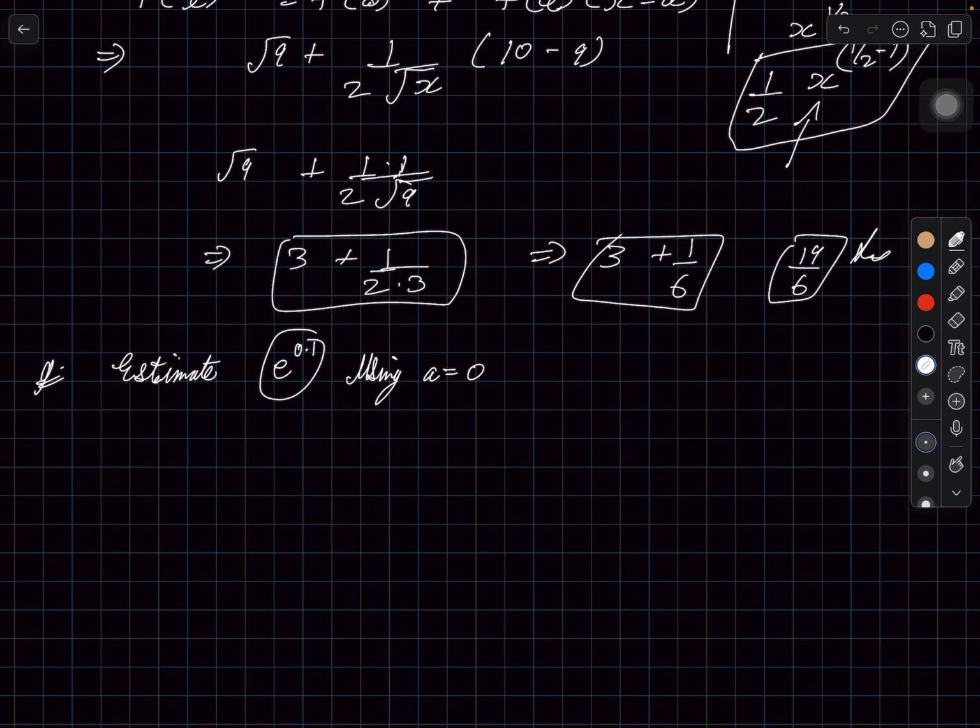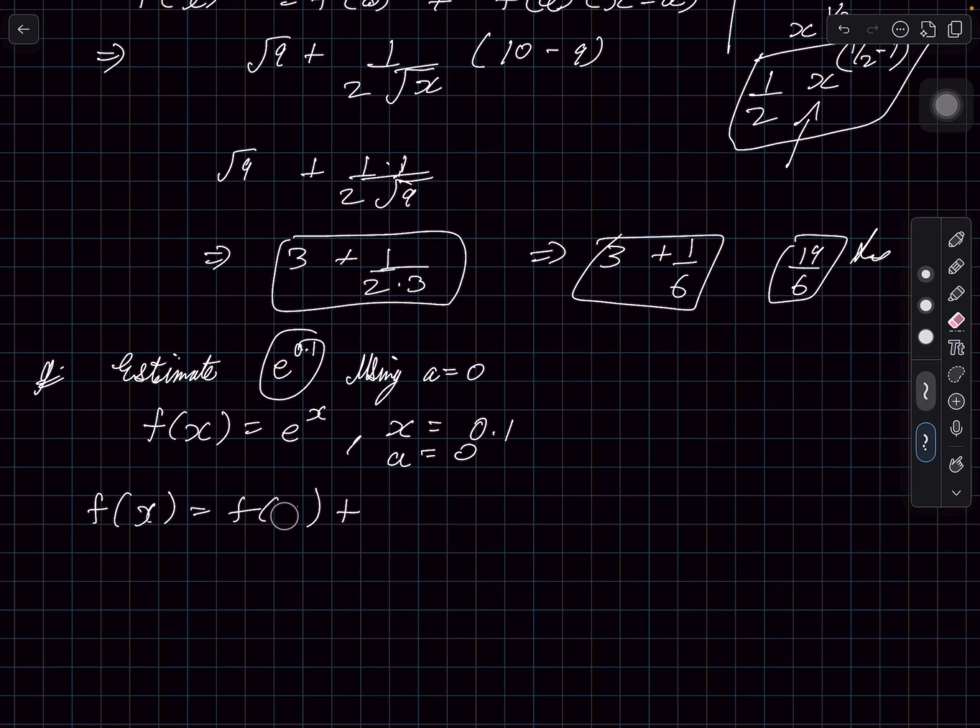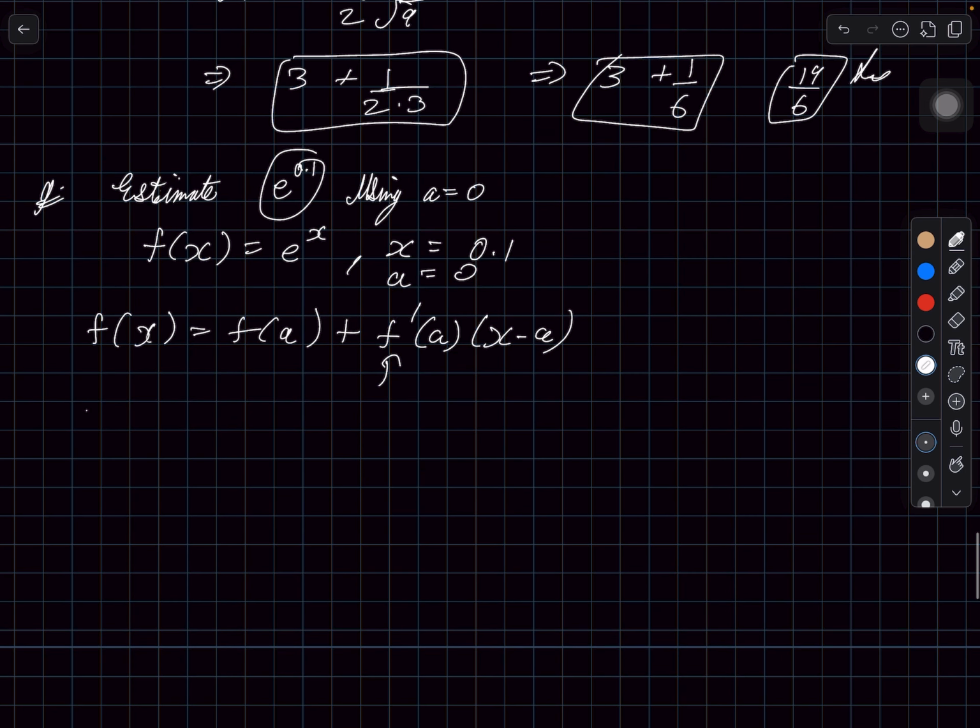In this question we need to find e to the power 0.1. a is given, so f(x) is equal to e to the power x, x is equal to 0.1, a is equal to 0. You know the formula, f(x) is equal to f(a) plus f'(a) times (x minus a), where f'(a) is the derivative, and we can just put it in.